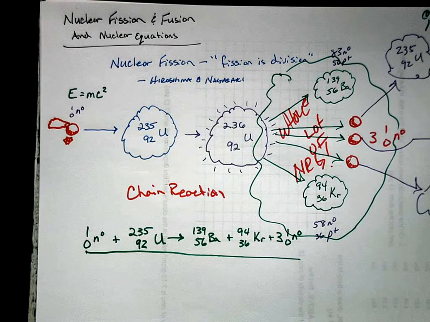If the minimum number is 30, then the big number is 62, because they add up to 92. Any combination in between is a possible daughter nucleus for the reaction. Does that make sense, you guys? Yeah. So in this natural reactor in South Africa, you find all kinds of these other elements within that range of atomic numbers.